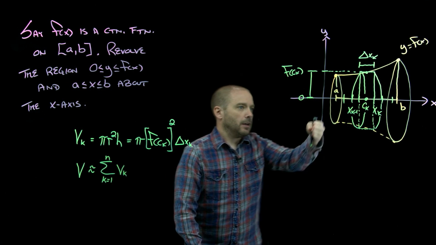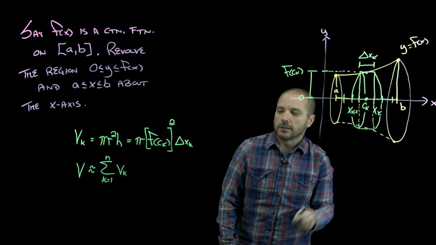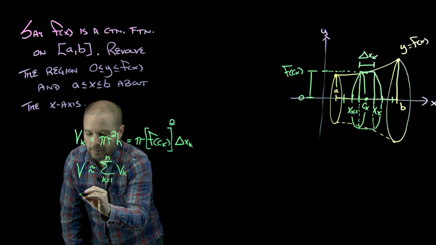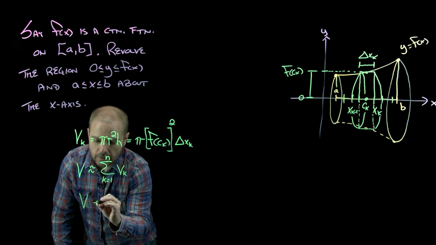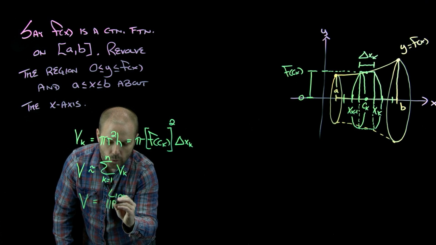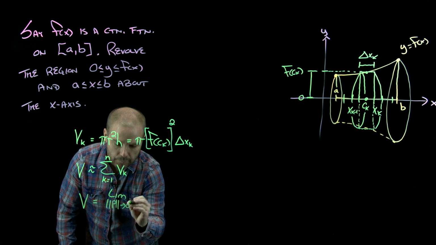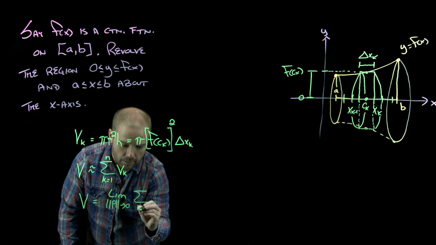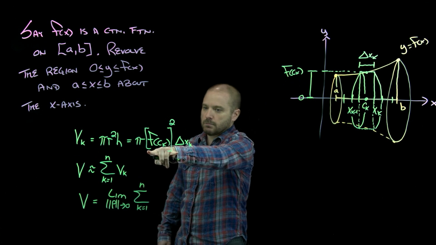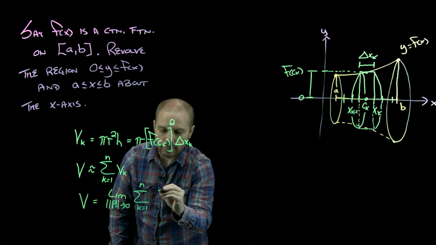That would be us adding up the volume of all those little cylinders. And then that volume would become exact when we let the norm of the partition go to 0 of these v sub k's, which is this.